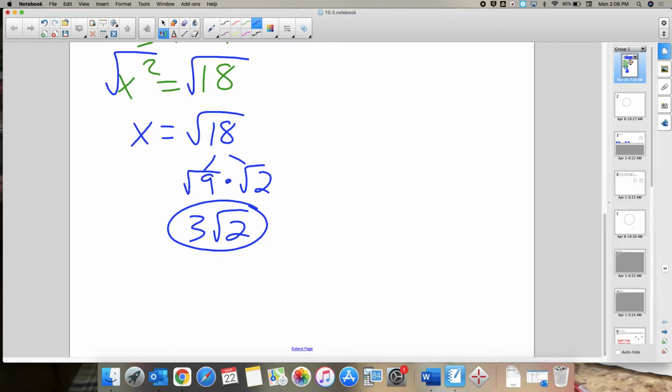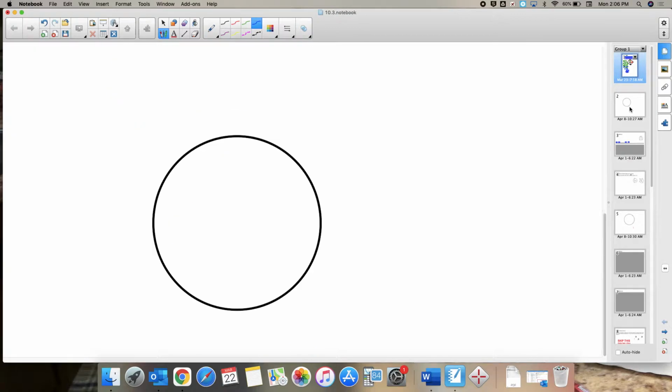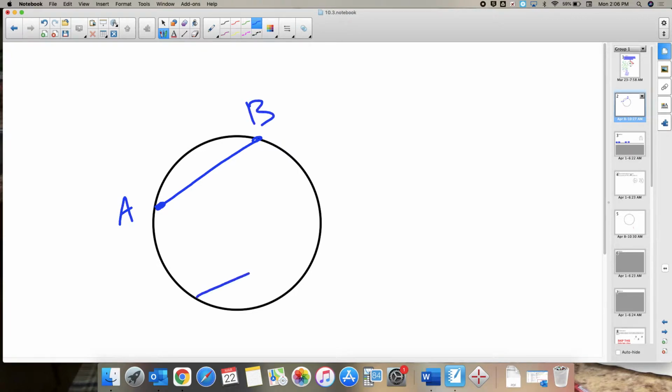Now, there's going to be a few properties that we go over today. Our first one says that if we have 2 chords in our circle, so we'll look at chord AB, and we will look at chord CD. If the 2 chords are congruent, so if AB and CD are congruent, then the arcs they make, this arc AB and this arc CD, they'll have to be congruent also.